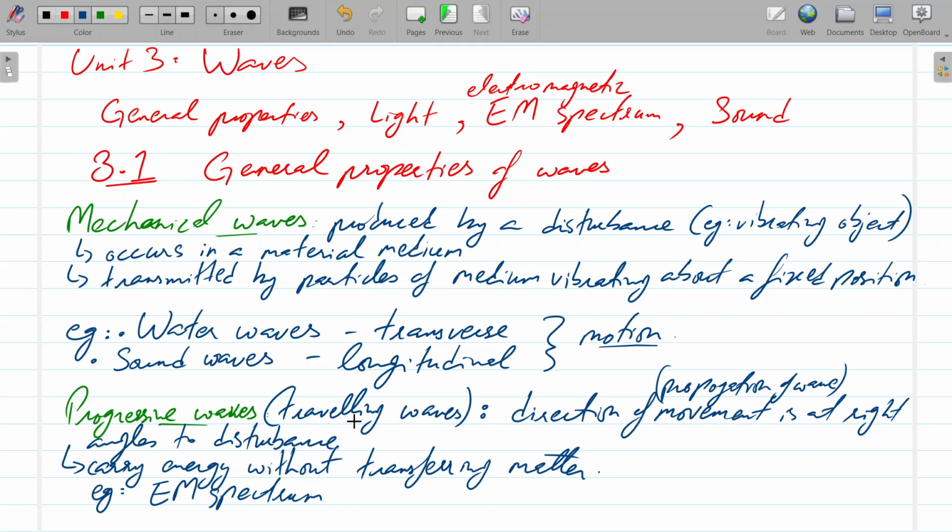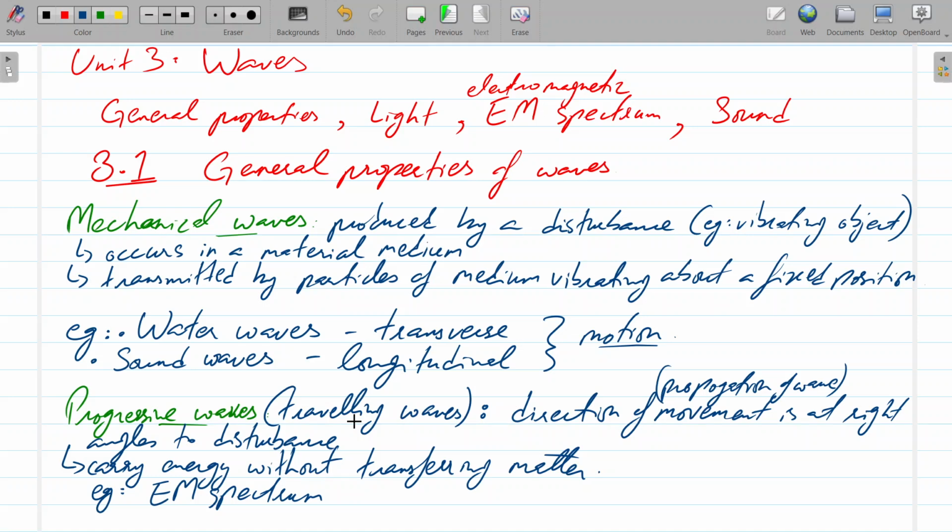That's one of the reasons why you don't hear the explosions going off in the sun. You just get the heat, which is infrared, part of the electromagnetic spectrum, and you get light, also part of the electromagnetic spectrum, which are both progressive waves. So they don't need any matter. Whereas sound needs matter, and so there are explosions happening in the sun, all the nuclear fission and fusion, whatever's going on over there, but you don't hear any of it, because if you were able to, it would be very loud and horrifying.